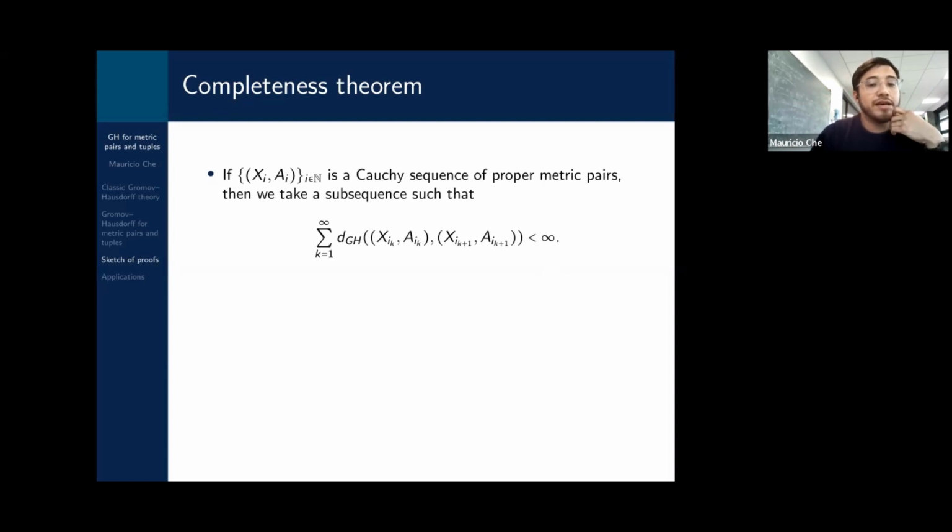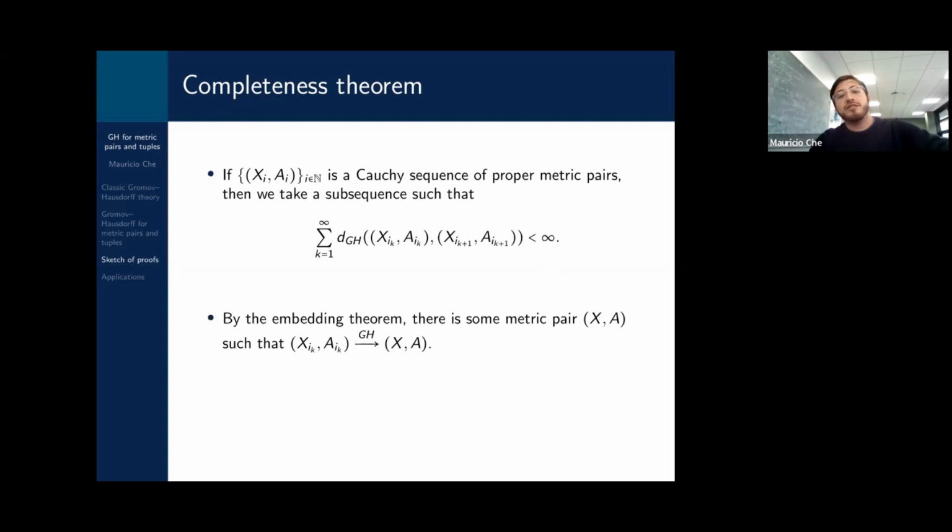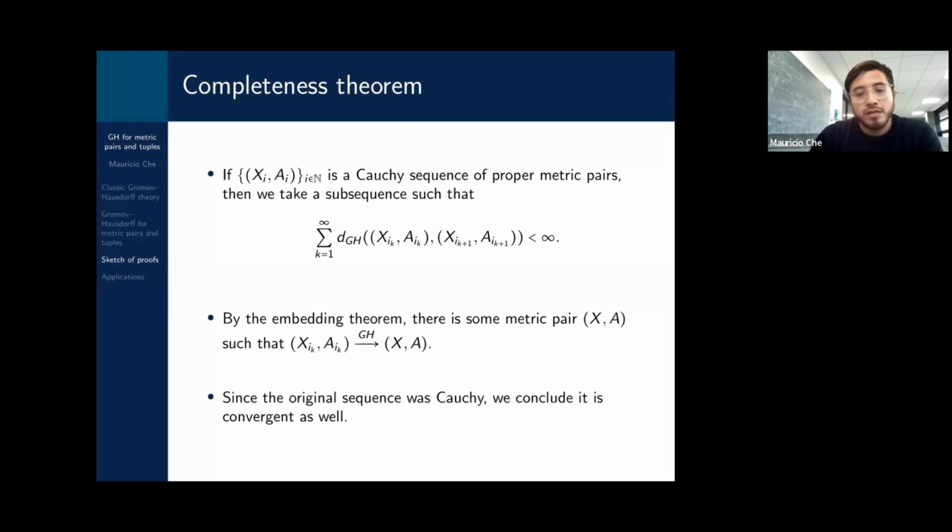Then we apply the embedding theorem to this subsequence. And this gives us that the subsequence is convergent. But if we have a Cauchy sequence with a convergent subsequence, then that means that the original sequence was also convergent. That's how one proves the completeness. It's pretty straightforward once you have the embedding theorem.